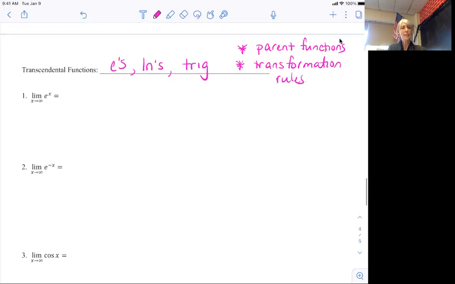So for instance, the limit as x goes to infinity of e to the x, any exponential function you should all have memorized. Our exponentials are these. As x goes to infinity, the graph of the function is going to infinity.